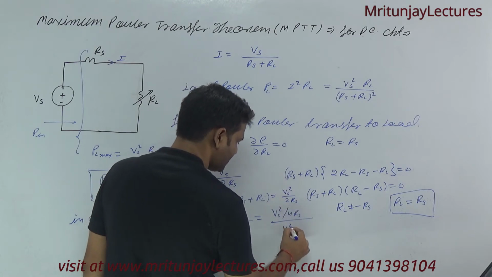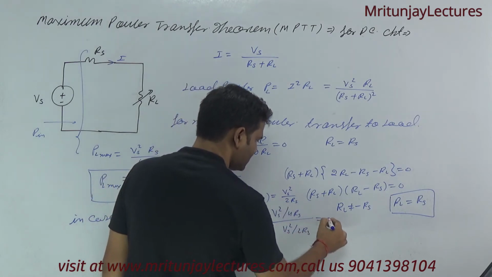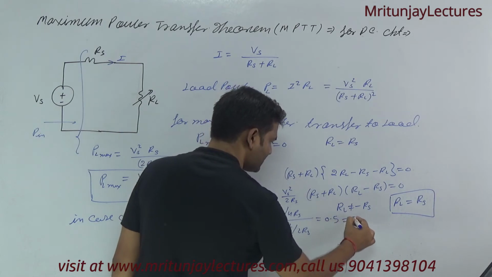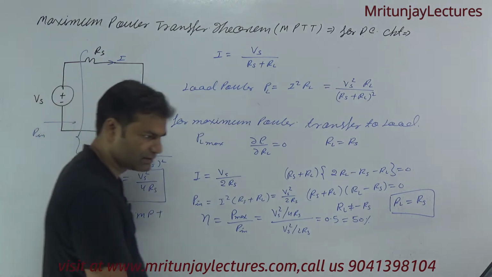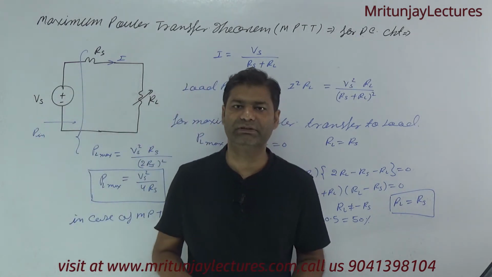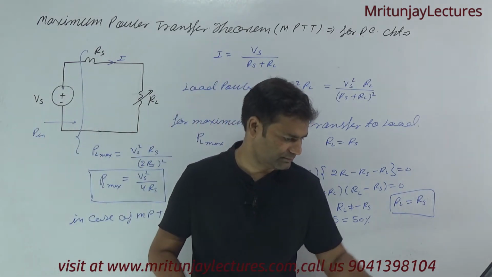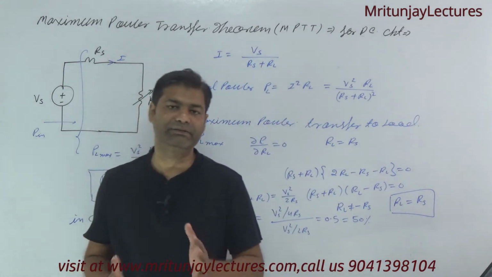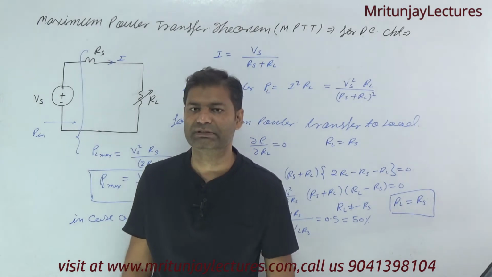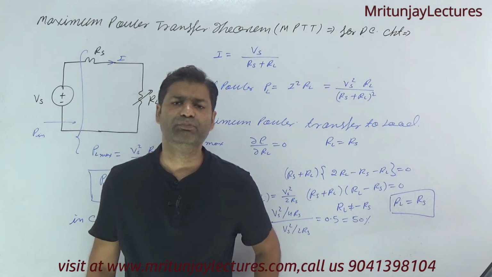So Vs square upon 4 Rs divided by Vs square upon 2 Rs, we get 0.5, which means 50%. Sometimes this type of question is asked: the efficiency for maximum power is 50%. That means very poor efficiency.